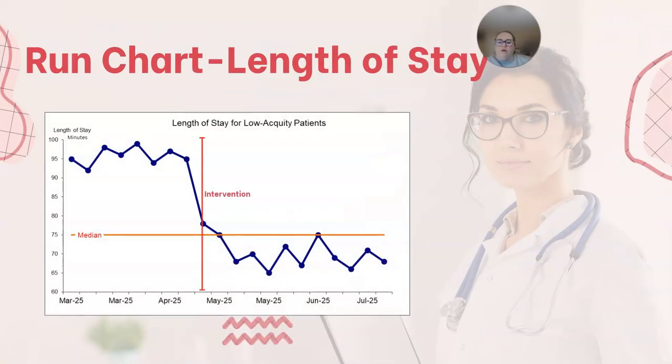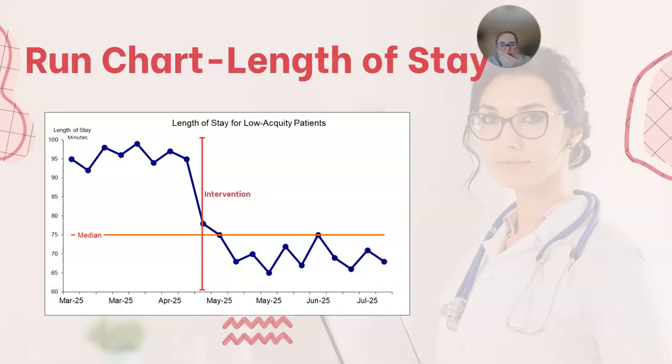And here are the results for the data that was collected. Prior to the intervention, we were averaging greater than 90 minutes each week for the length of stay. After the intervention of the triage assessment tool and the fast track protocol, we saw a significant drop at week 9 down to 78 minutes.